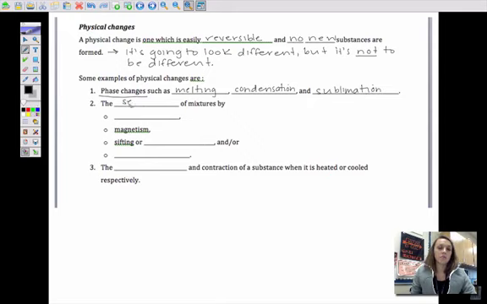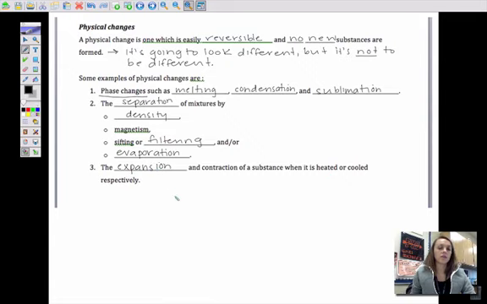The separation of mixtures by using density, so like the density tube. Magnetism, so on our matter stations you used a magnet to separate baking soda and iron. Sifting or filtering, like in our liquid mixtures lab, or using evaporation, which you will probably use in our upcoming Unmix the Mixture lab.